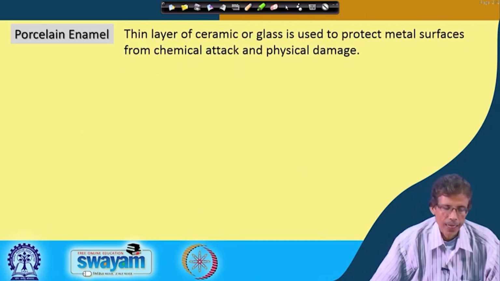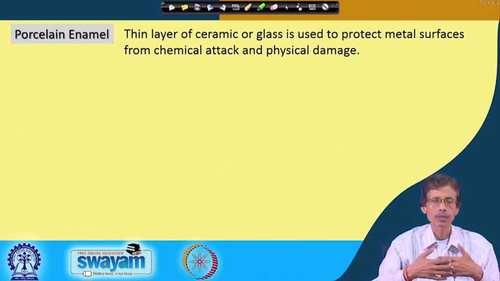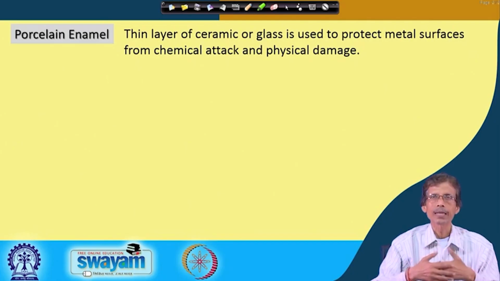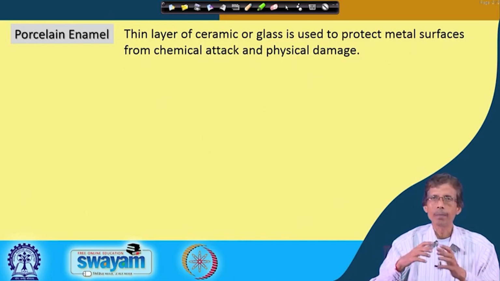We can have the corresponding enameling process, which is basically nothing but the layering or deposition of a ceramic or glass material. A thin layer of ceramic or glass is used to protect the metal surface.